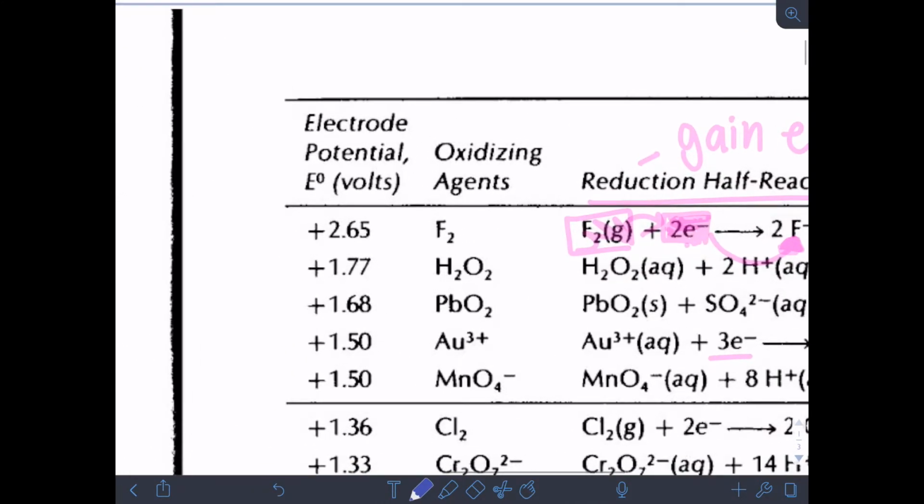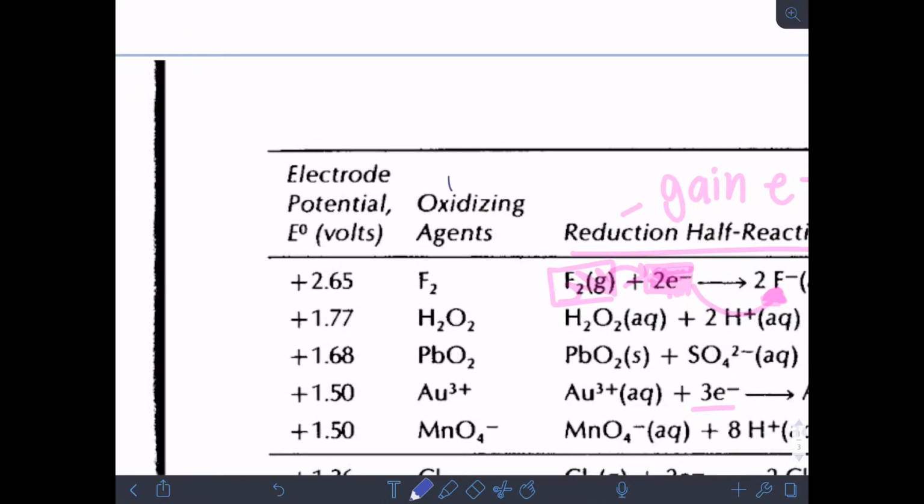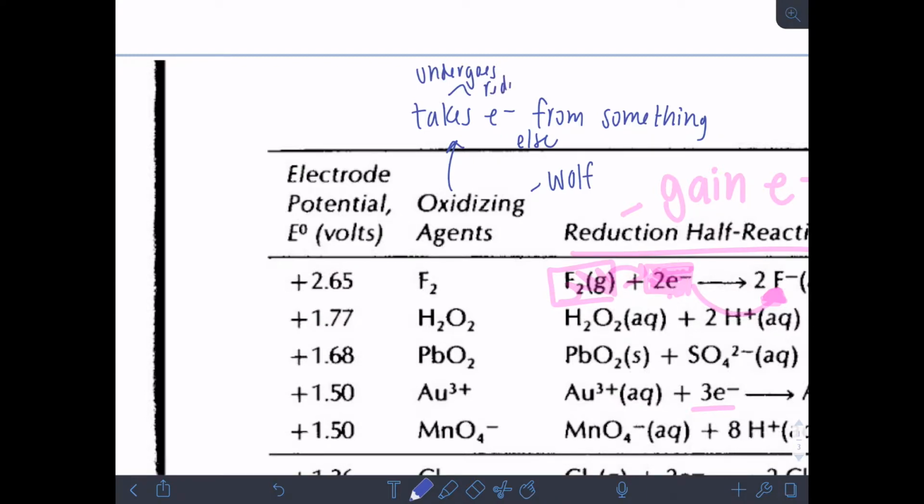The opposite of that would be oxidizing agents. And oxidizing agents, as you can assume, take electrons from something else. That would make it a wolf, because it's taking electrons, so it's undergoing reduction.